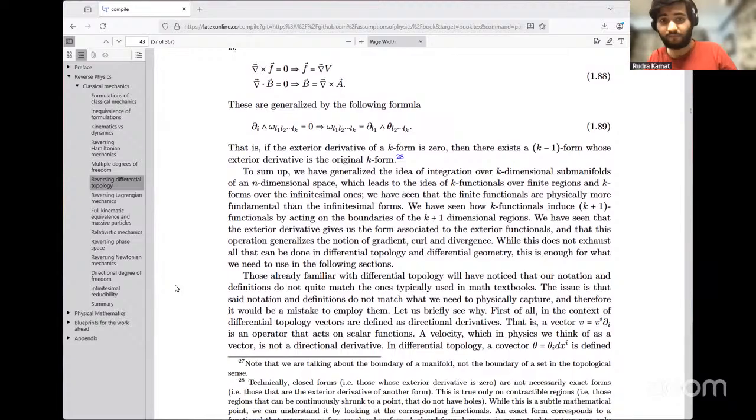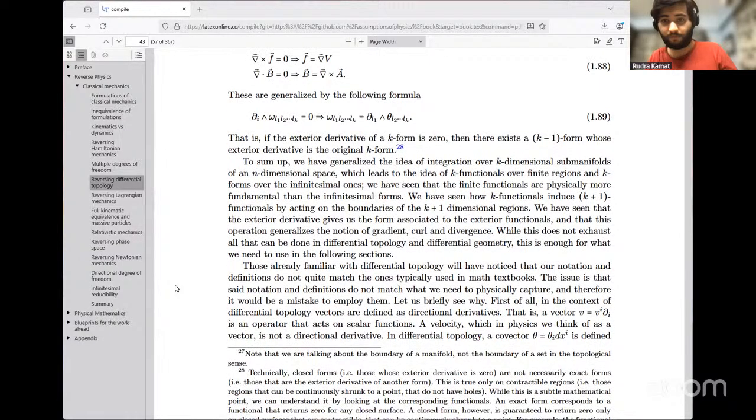That is, if the exterior derivative of a k form is 0, then there exists a k minus 1 form whose exterior derivative is the original k form.